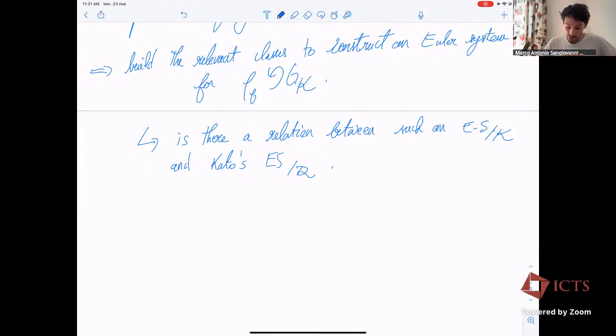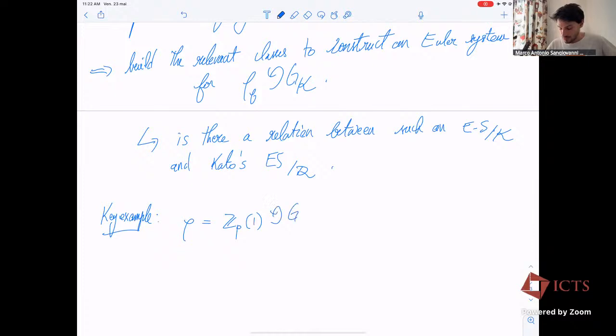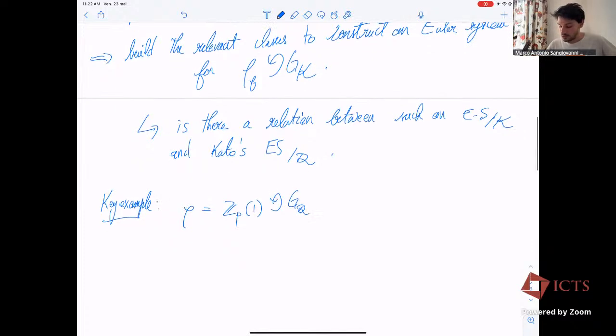So one of the key examples, which is the first historically significant example, was when you consider the Galois representation Z_p(1) with the Galois action of G_Q. Then the relevant Euler system, as we've discussed, was the cyclotomic units Euler system.